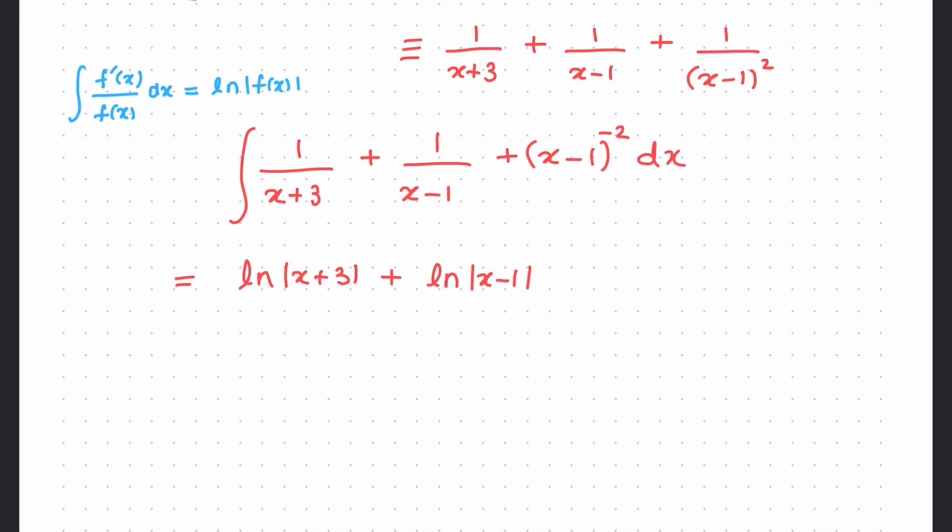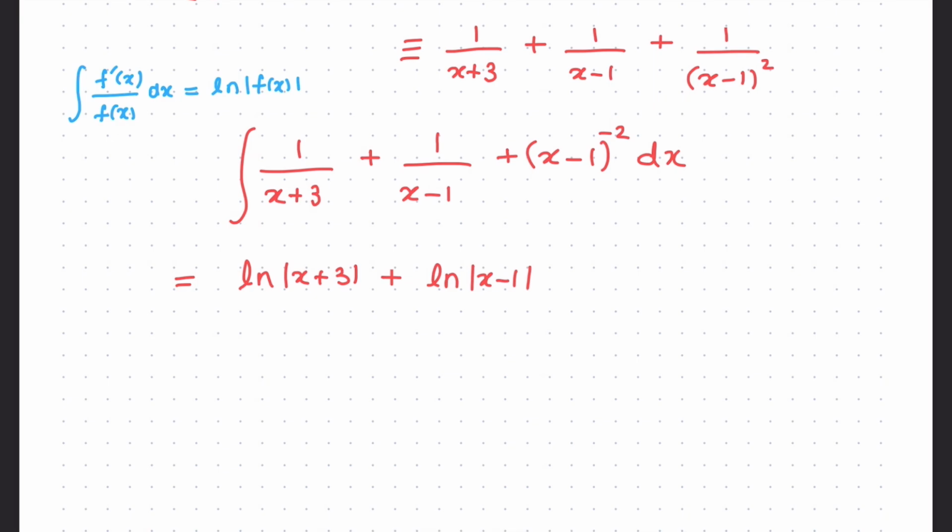So if you have the derivative of the denominator available in the numerator, then you can write the integral as log of the denominator. Here we had x plus 3 and its derivative is 1, which is available in the numerator, so we can write this as ln of x plus 3. Similarly, for x minus 1, the derivative is 1, which is available in the numerator, and again we can write this as ln of x minus 1.